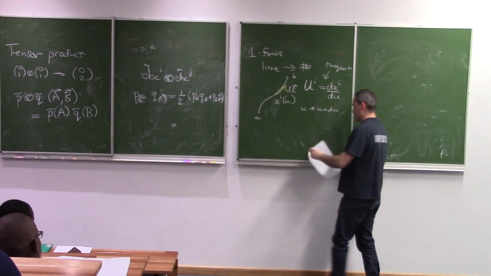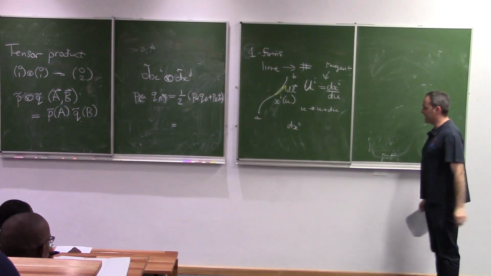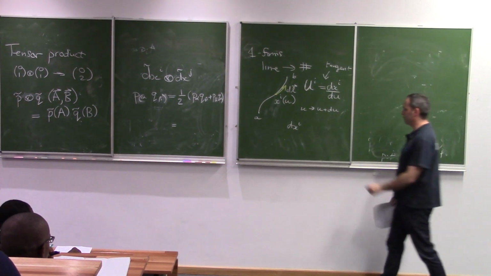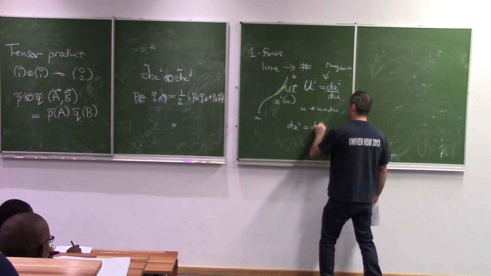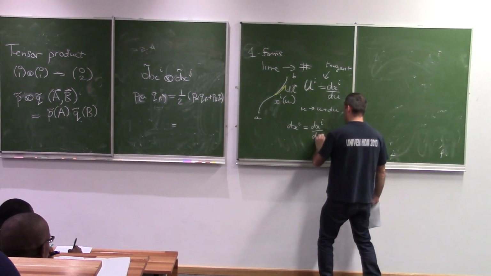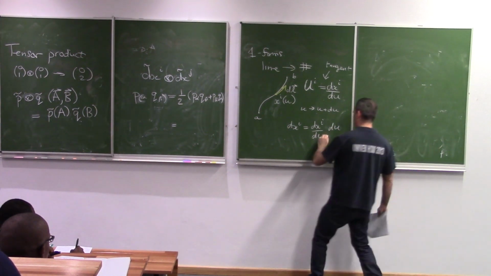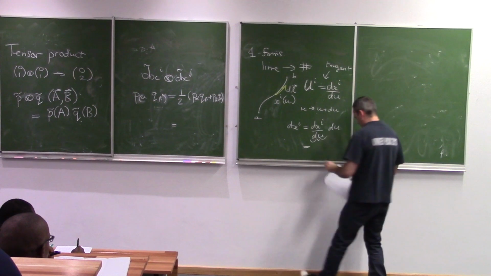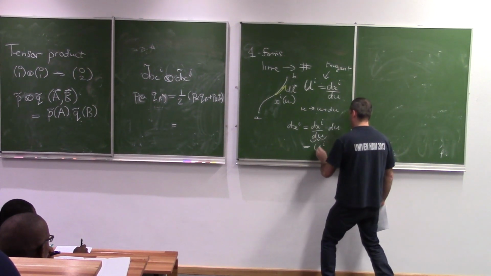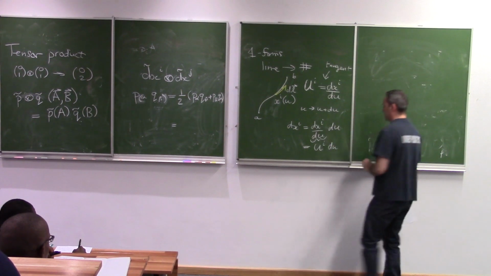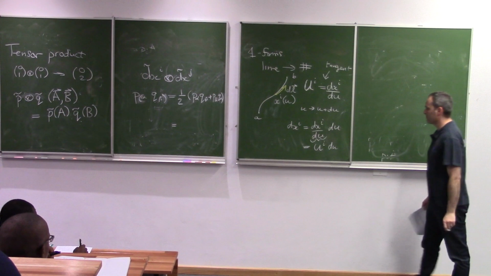And so the displacement in the xi direction, just from the chain rule, is going to be equal to dxi by du du. And this is nothing but the component of my tangent vector, capital Ui, lowercase u.